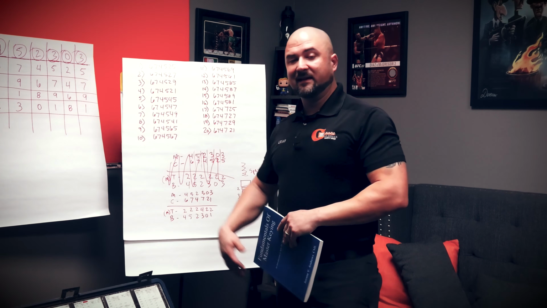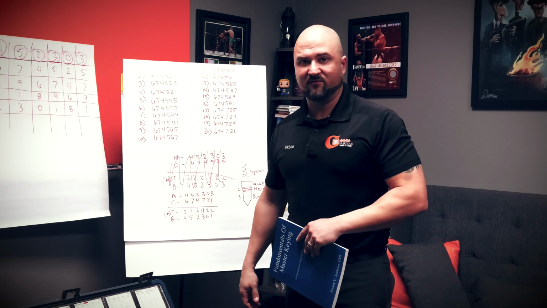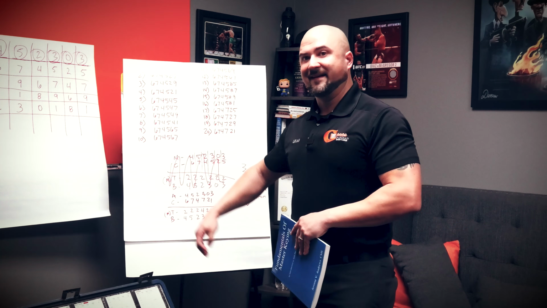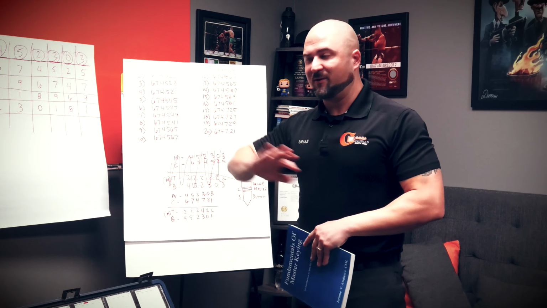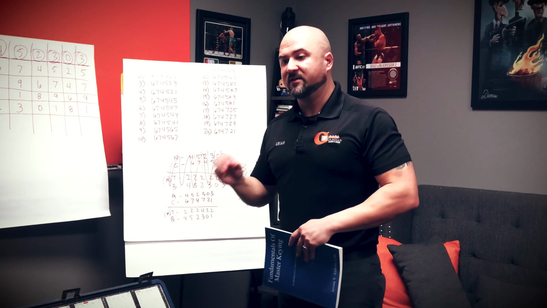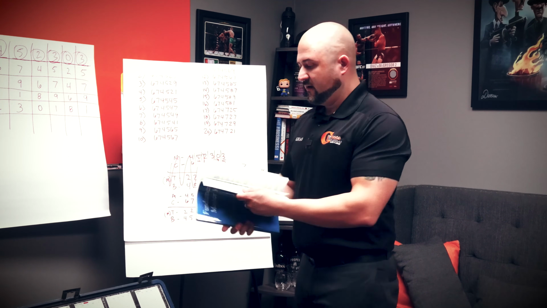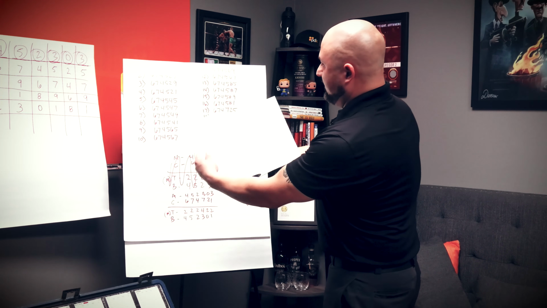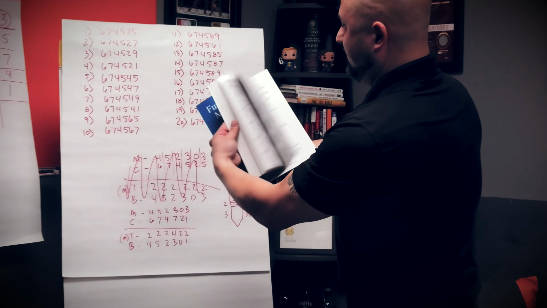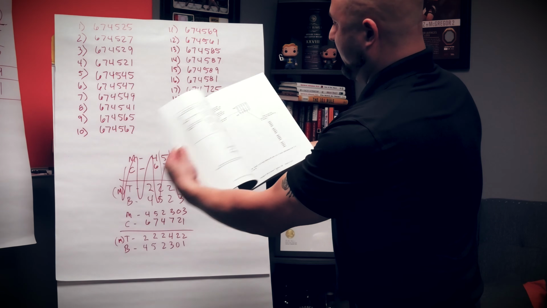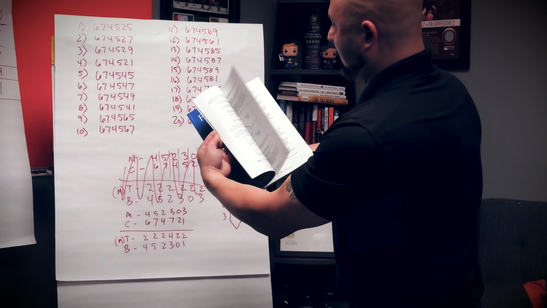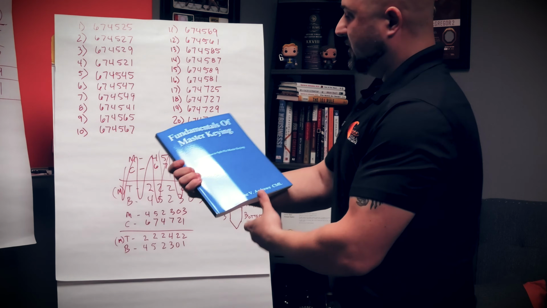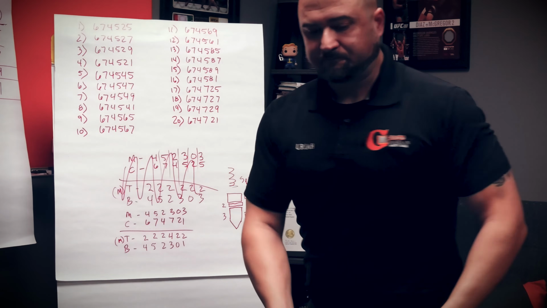If there's 10 levels to master keying, I'm probably at level 5, which gets you 95% of the way there all the time, right? But there's a lot of really cool things you know once you really dig into it. And you can tell in this, there is a ton of different crazy things you can do when you're pinning up cylinders. There's just all kinds of information in here. So it's a great book, you should check it out.